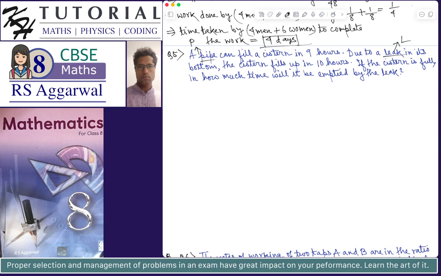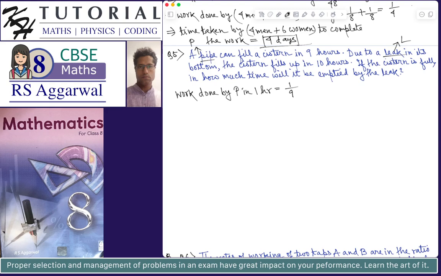So now we can say that the work done by P in 1 hour will be equal to 1 by 9, since the pipe can fill the cistern in 9 hours. It is positive since the pipe is an inlet.